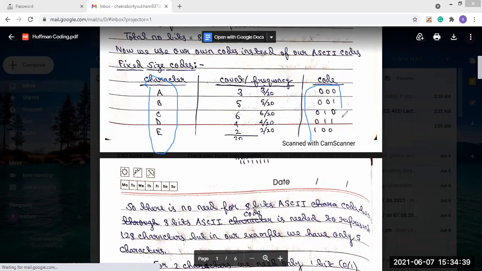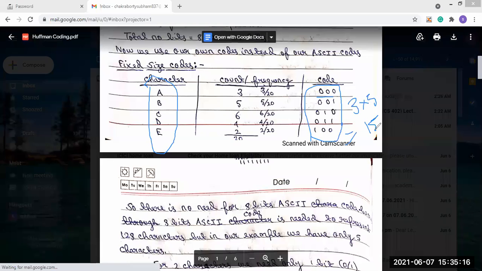And the code is of 3 bits, and 5 codes are present here. So that means total 15 bits are required. So the total bits required for the table will be 15 plus 40, that means 55.